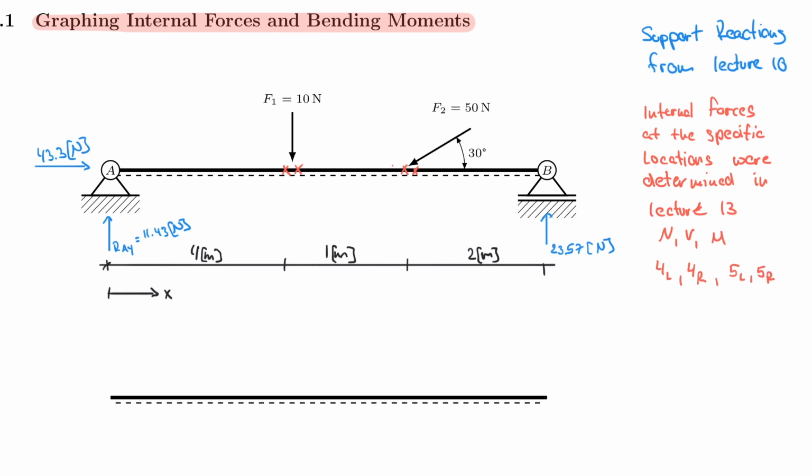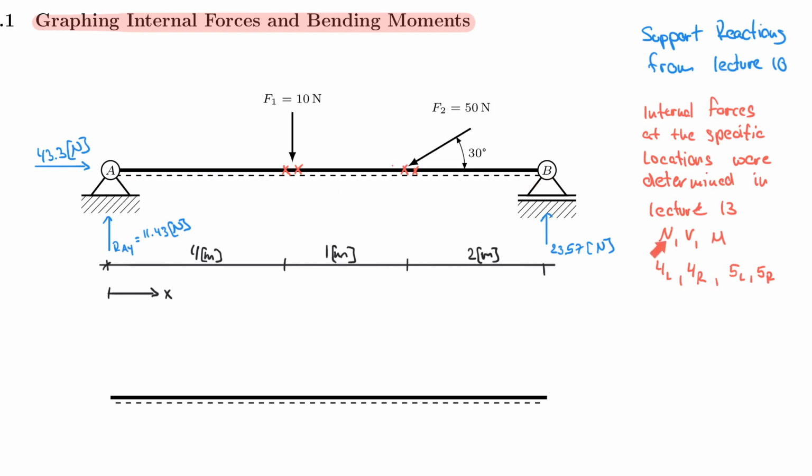We will use those values that we determined at these 4 locations to start our graphing efforts, and then I will show you how to extrapolate our knowledge from these 4 points to graph it for everywhere along the entire axis of the beam.